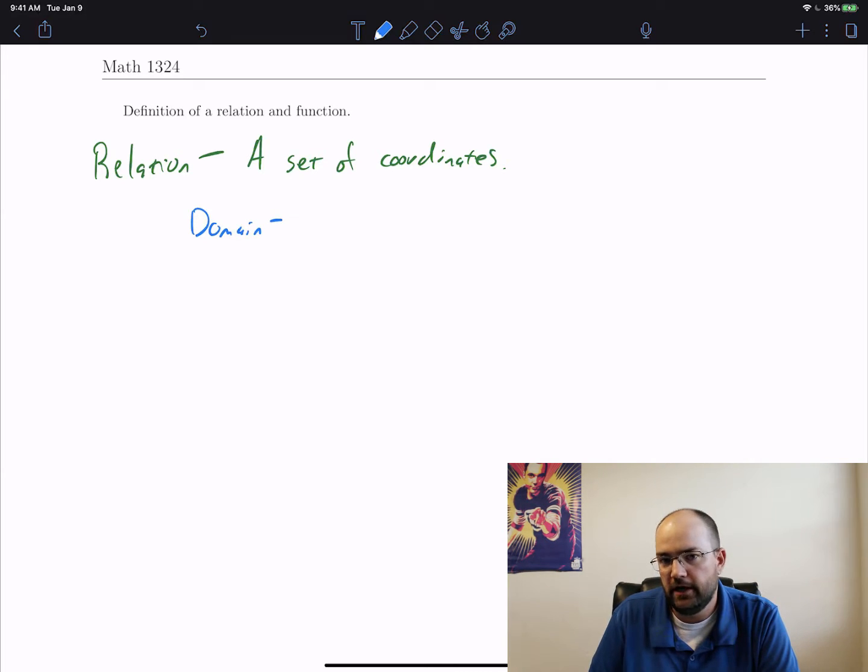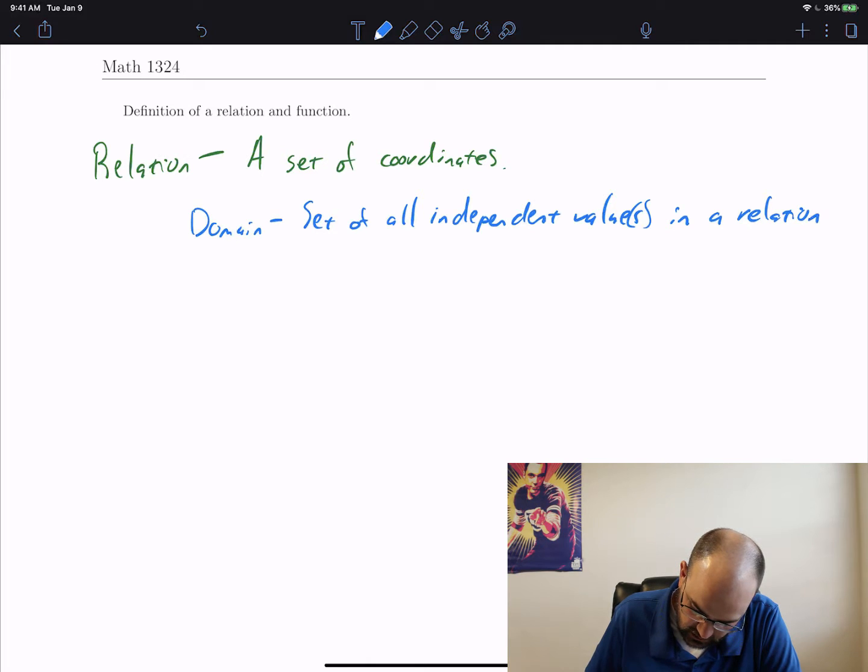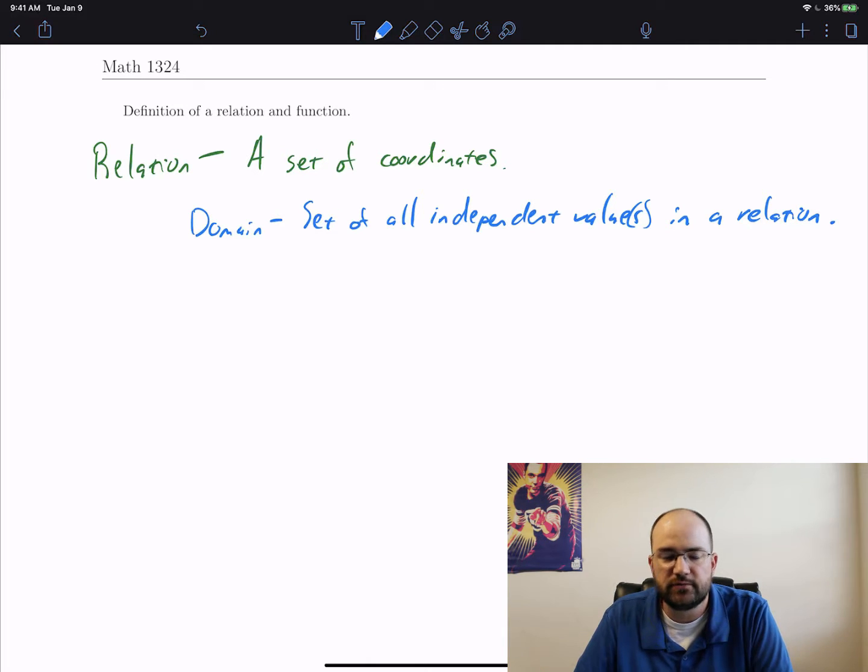The domain for any relation is just the set of all independent values of the relation. So it's the set of all independent values in a relation. Now, whenever we say independent values, we really just mean the first coordinate usually.